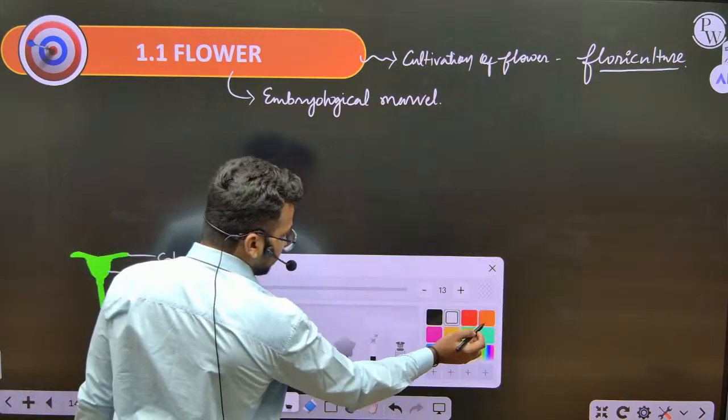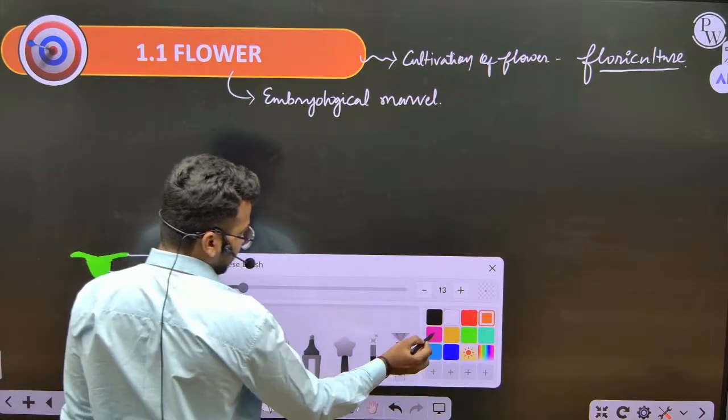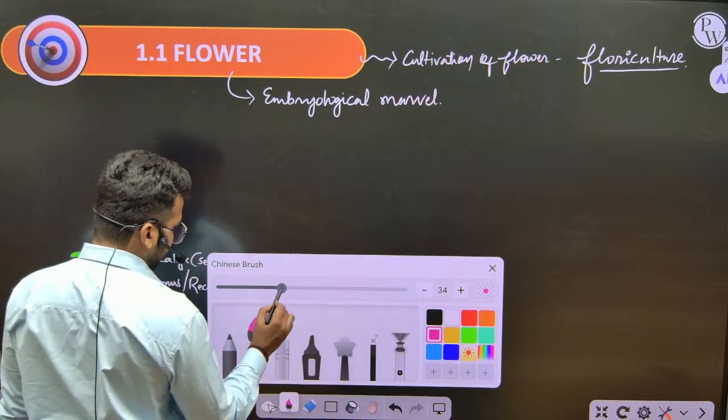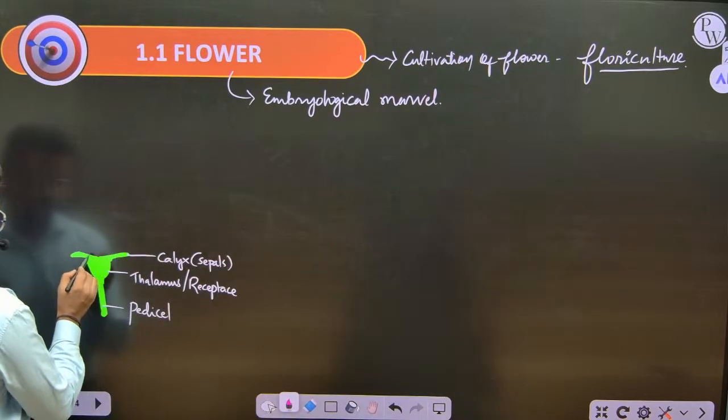And next to that, one more whorl is seen, another whorl next to that.